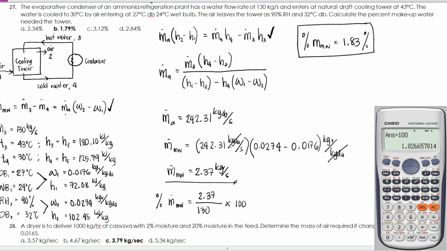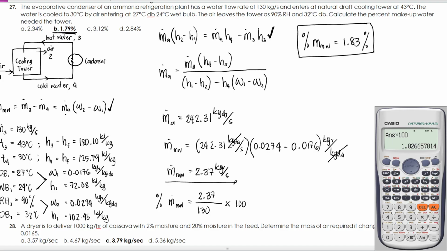Ayun. So, as you can see, hindi natin siya nakuha ng sakto. But, approximately ay malapit naman dun sa ating final answer na letter B na 1.79. So, hindi naman yan pwedeng maging letter D, C, and A. Kasi, ang ginawa din natin dito para sa mga properties ng air, like yung humidity ratio and enthalpy, is by using calculator na lang, or by psychrometric calculator.